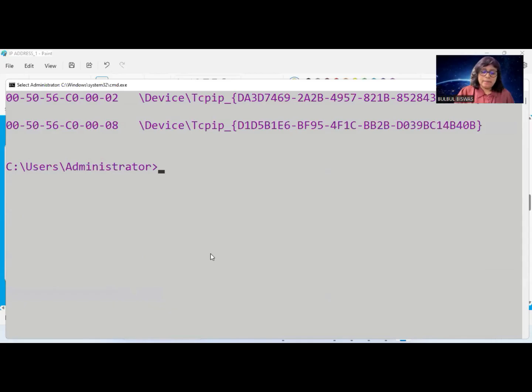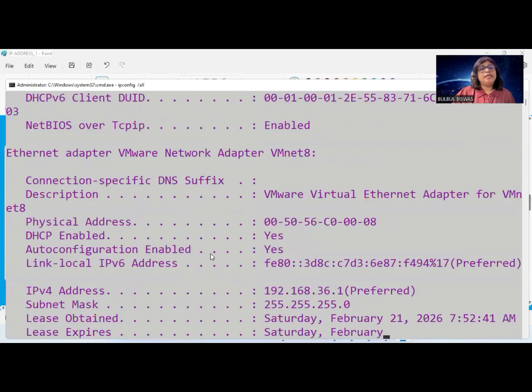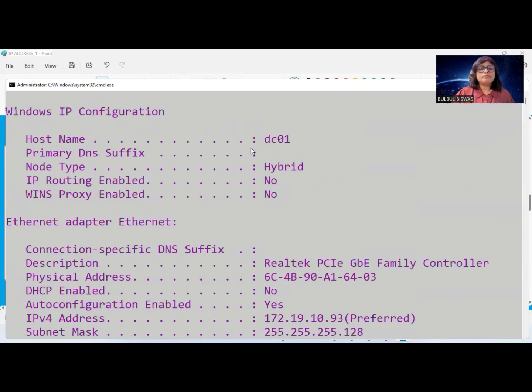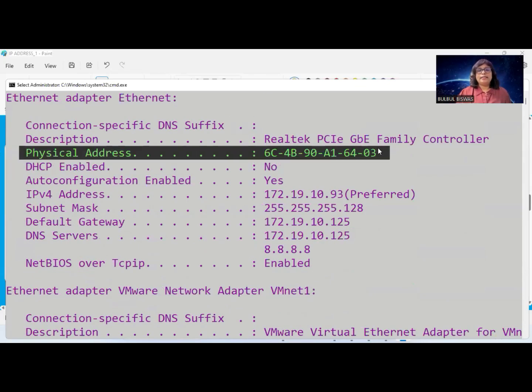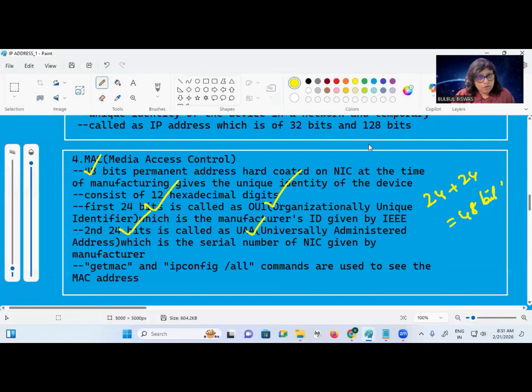You can use another command, that is ipconfig /all. Here also you can get the physical address. So whenever we want to check the physical address of a device, we can use the getmac command or ipconfig /all.